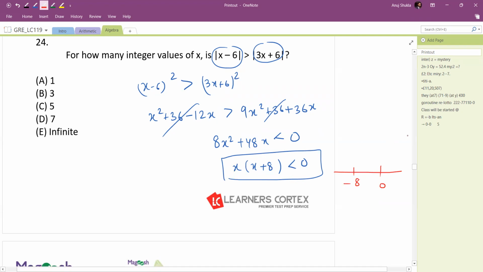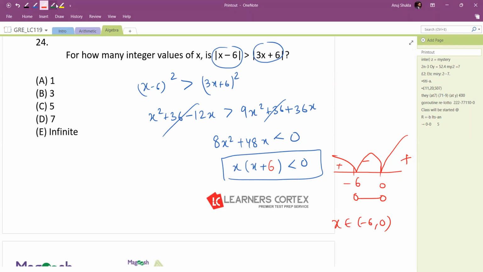Write the points of inversion: plus, minus, plus. What do you need? Negative. So minus 6 to 0. So x value will be between minus 6 and 0, with minus 6 and 0 not included.